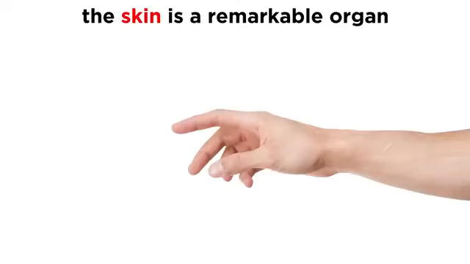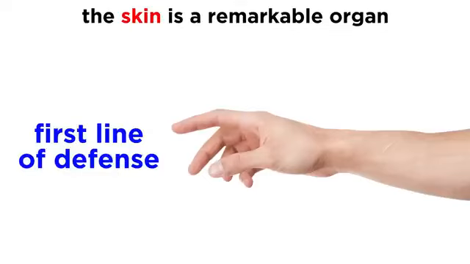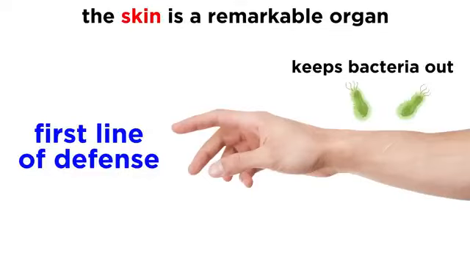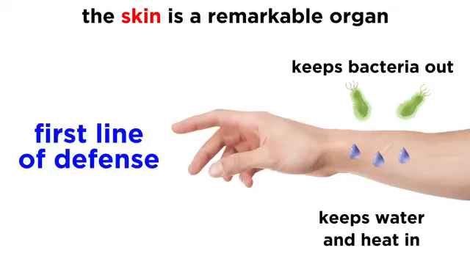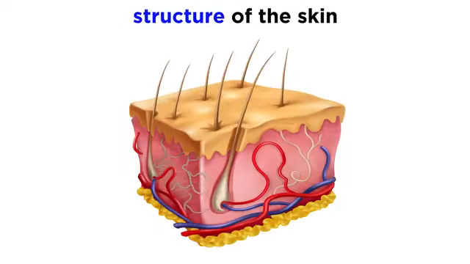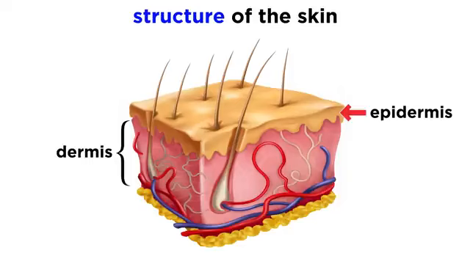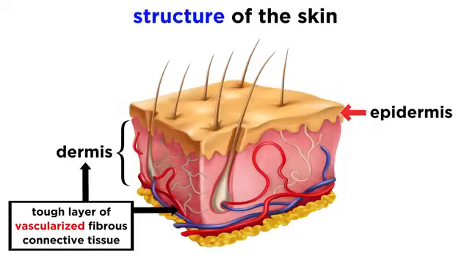The skin is a remarkable organ, acting as the first line of defense from the elements that surround us. It keeps bacteria out and water and heat in, so let's check out the structure of skin. Our skin is made of 2 regions, a thin outer layer, which is the epidermis, and a thicker inner layer called the dermis. The dermis, which is a tough layer of fibrous connective tissue, is vascularized, getting its nutrients from the bloodstream.